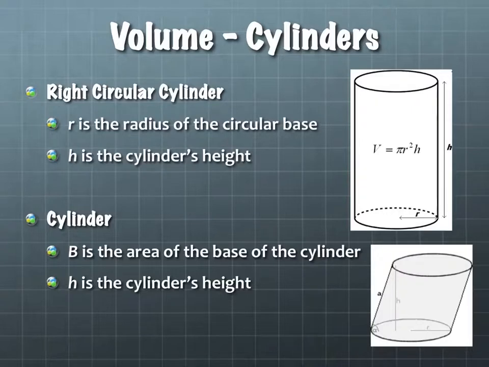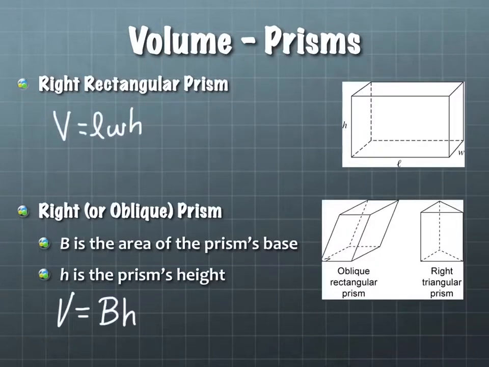To parallel that, we have our cylinders. With our cylinders, R is the radius, H is the height. And so the volume of a cylinder is much like this over here, actually. So what did we do? We took the area of the base and times the height.